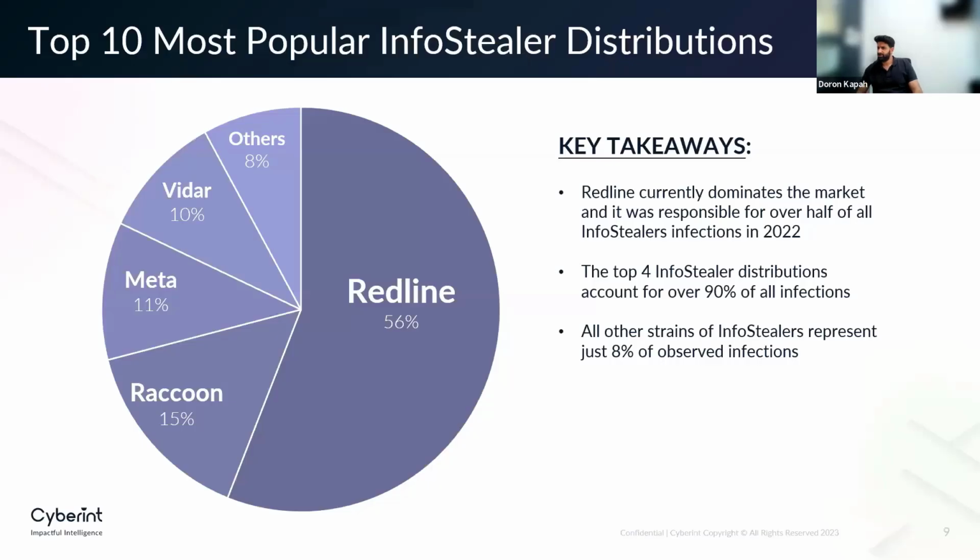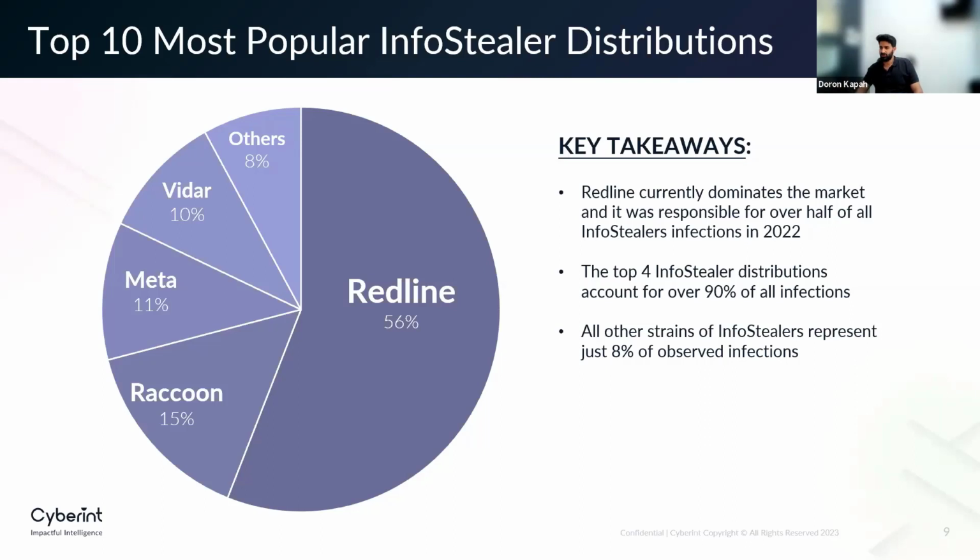So let's continue to major strengths of InfoStealers. We can see over here the top 10 most popular. It's not 10, right? It's 5, but most popular InfoStealer distributions. Redline dominates the market. We can see over here Raccoon and Meta, which is a new InfoStealer that was presented in March 2022.